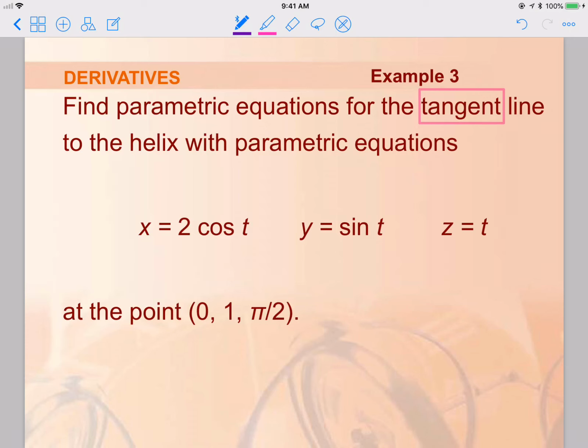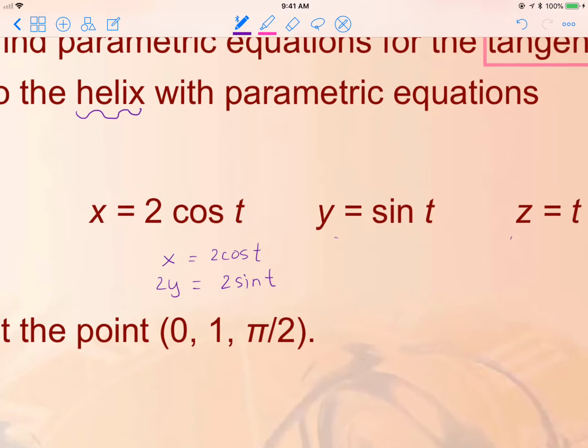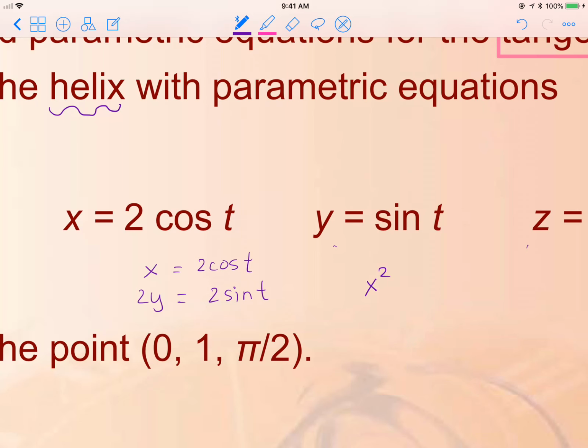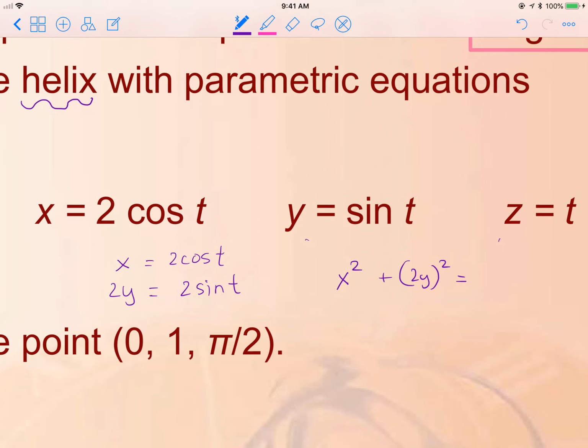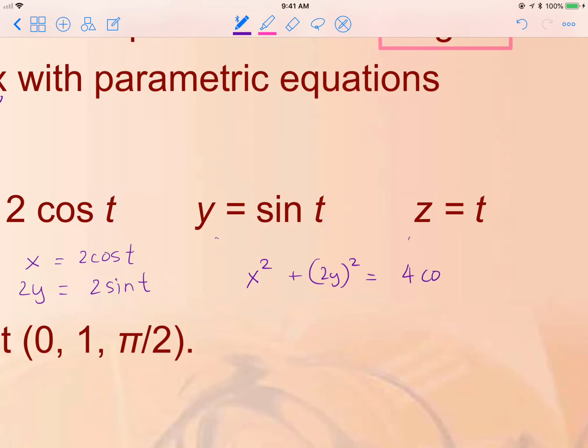Okay, so here's a way to think about this. First of all, we're given the hint that the graph is a helix, but how would we know that? Well, look at x, y, and z. There's a relationship here because x is 2 cosine t and y is sine t. So that means that x squared plus 4y squared is equal to 4 cosine squared t plus 4 sine squared t.